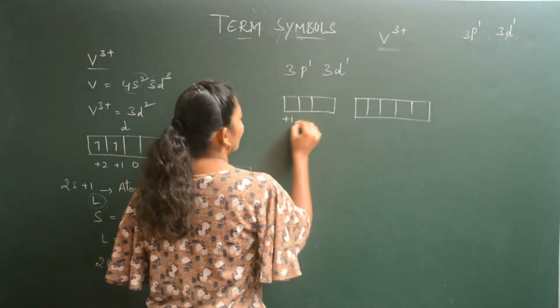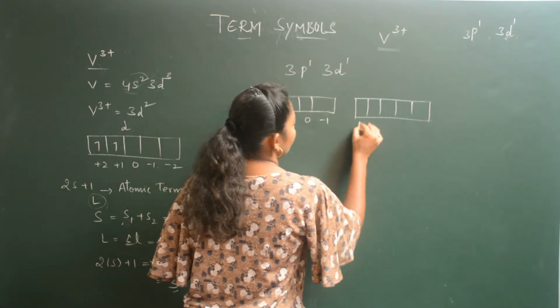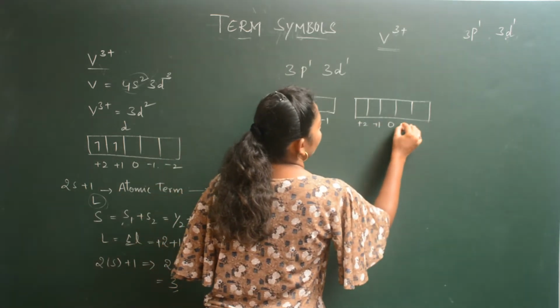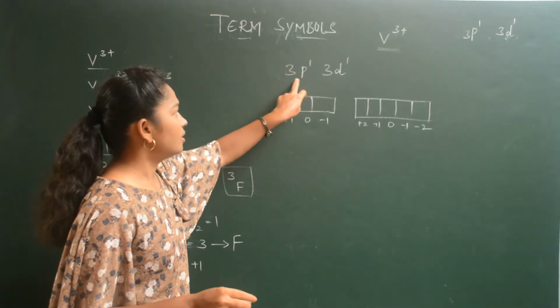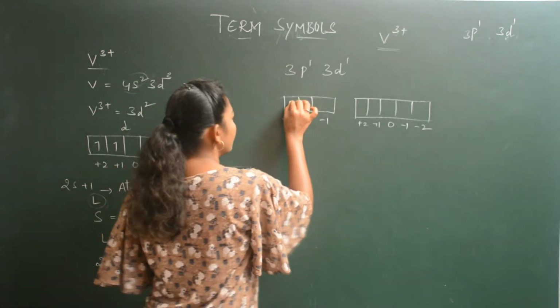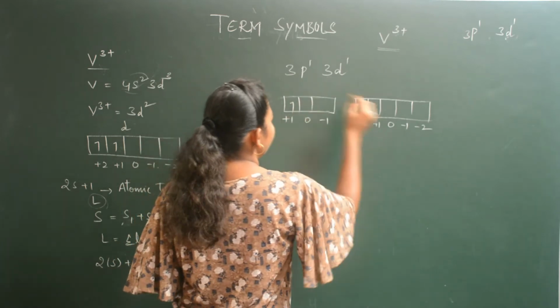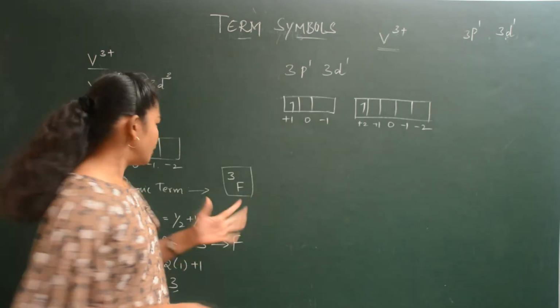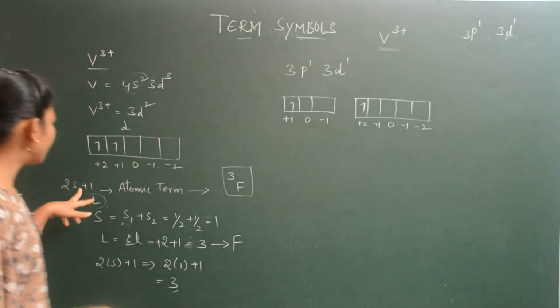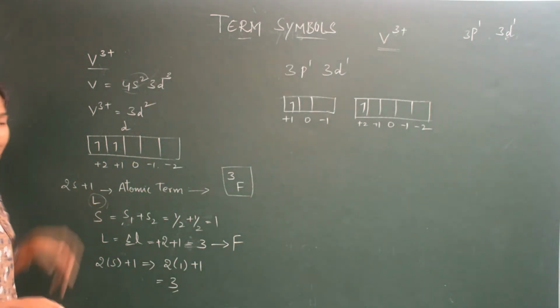So plus 1, 0, minus 1, plus 2, plus 1, 0, minus 1, minus 2. That way. So you find out in the p orbital how many electrons you have? Only 1 electron. In the d orbital you have 1 electron. Now we have to find out the atomic term, so you have to find out S and L also.